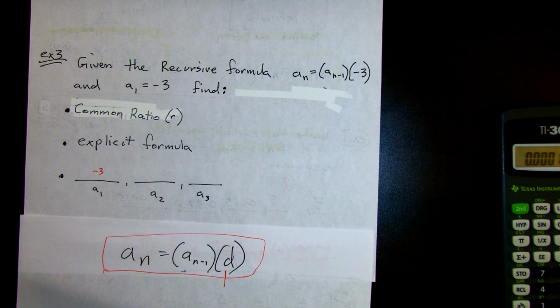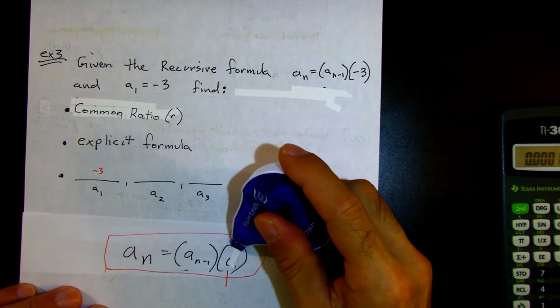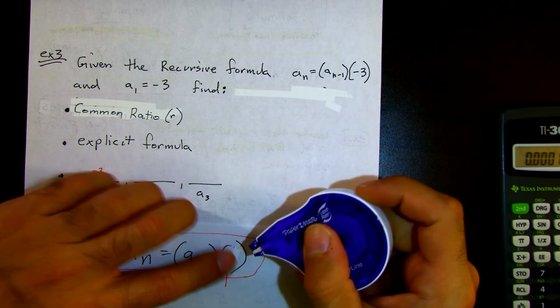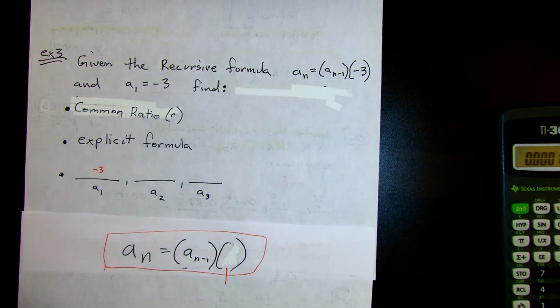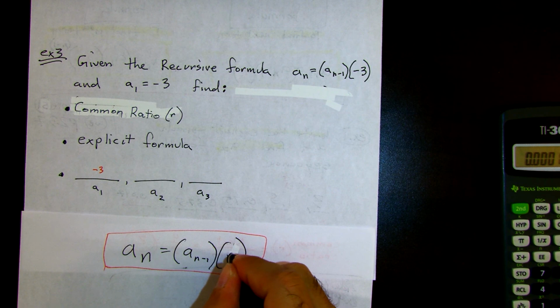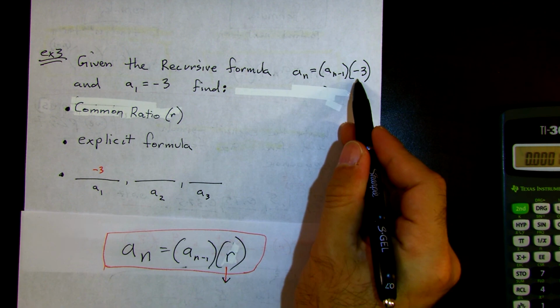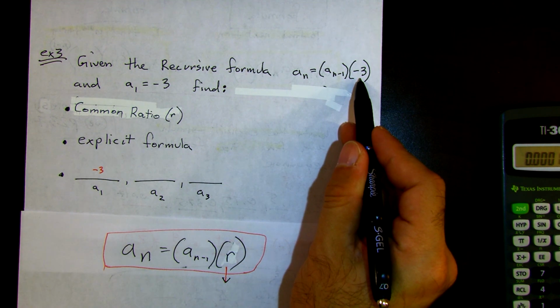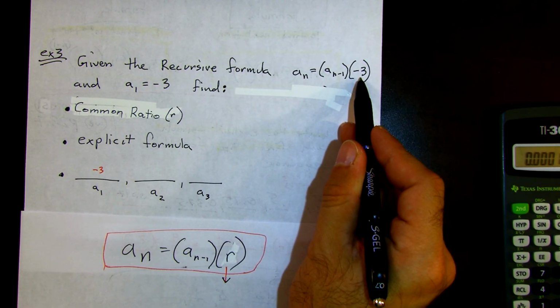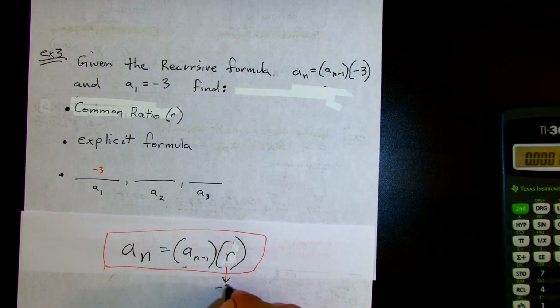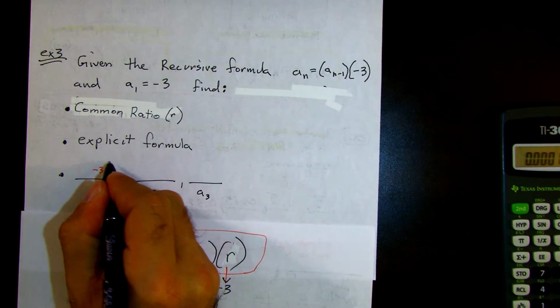Oh, that's just an error. Whoops. I was in the past. Most of the time I'm in the future. I'll be in the present. That sounds better. Times r. Whoopsie. So I know what the common ratio is. The common ratio, they gave it up here. You see? They gave it right there. The common ratio is also -3.